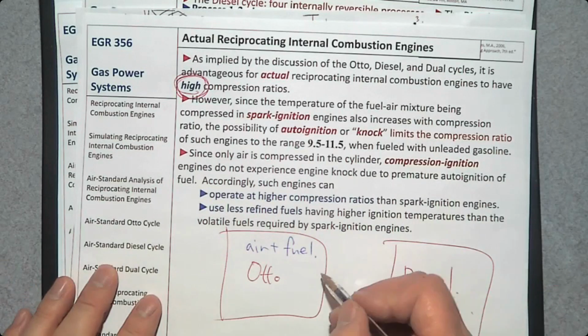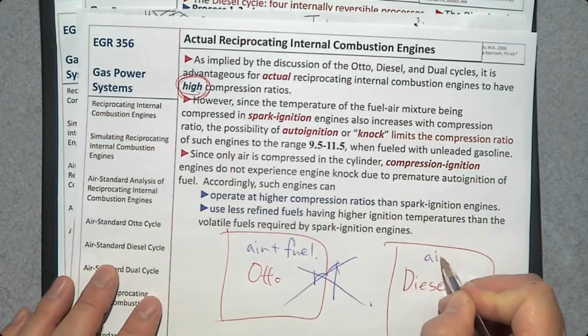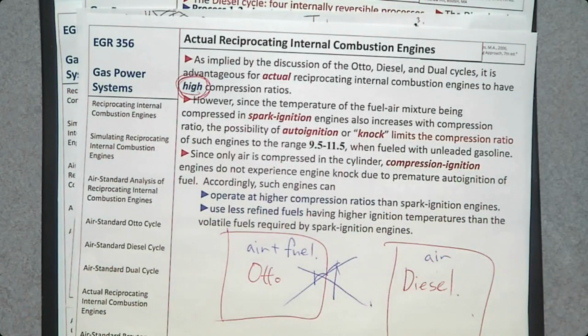So you cannot increase R too much. But in the diesel cycle, we only have air in the system. So if you compress more, what's going to happen? You have to compress the air. Nothing wrong. So you can compress more and more. And when it is at the highest pressure, then you inject fuel.